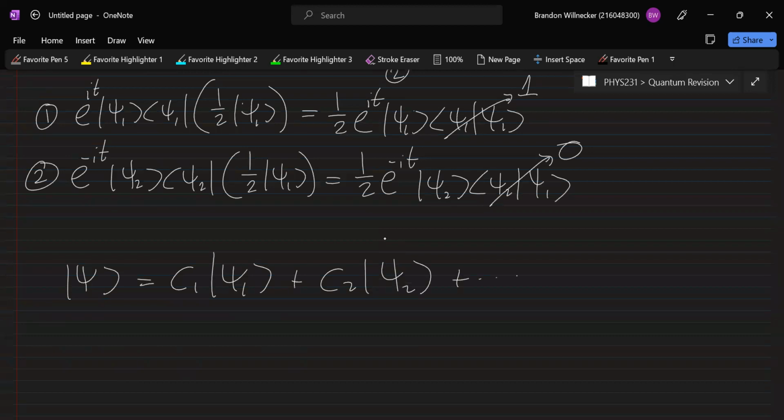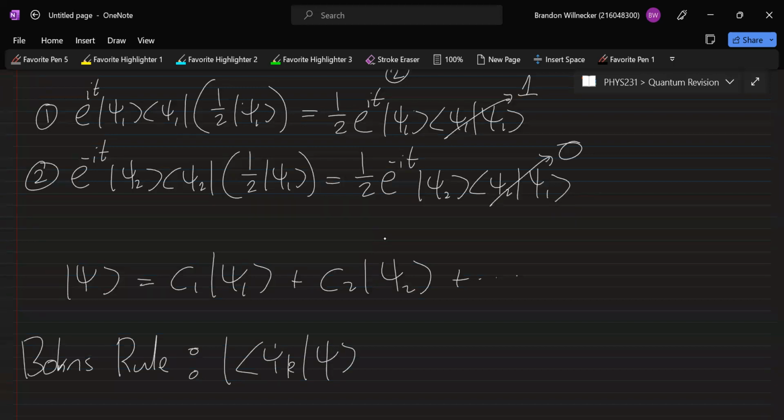If I want to know the probability of being in a certain state, let's say psi k, that's given by Born's rule, where we have the inner product of psi k with psi, squared. That is the probability.